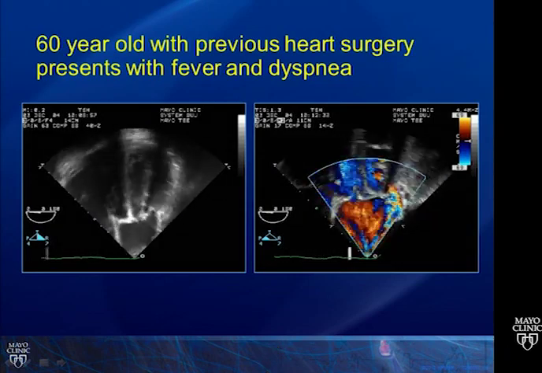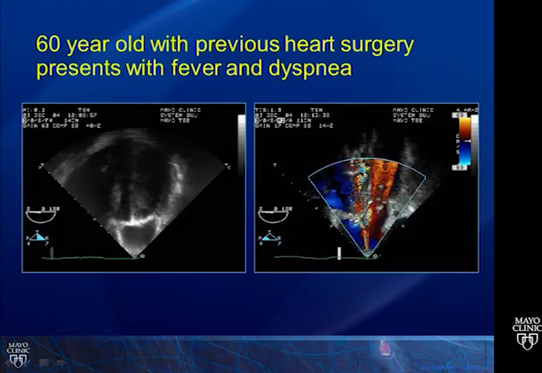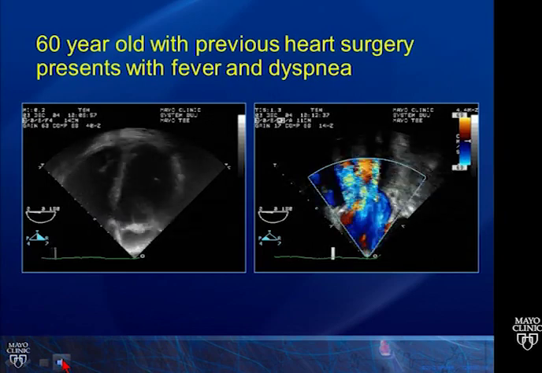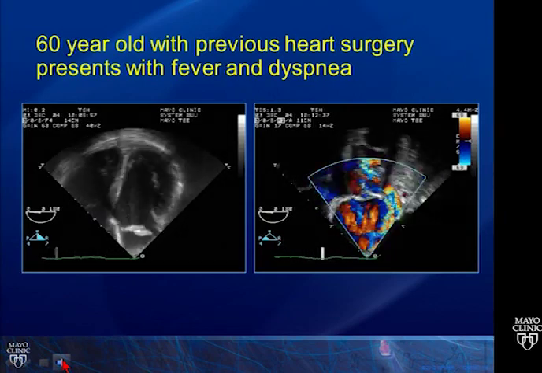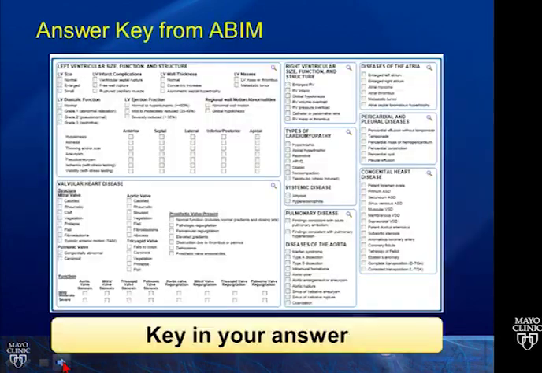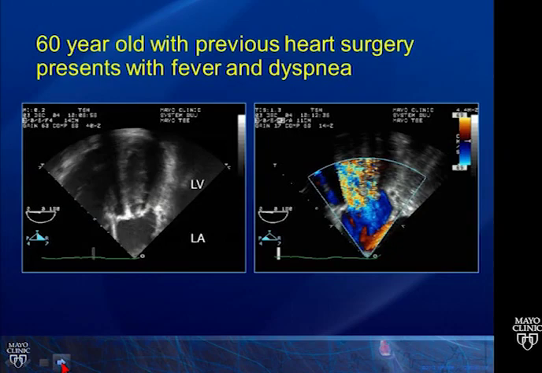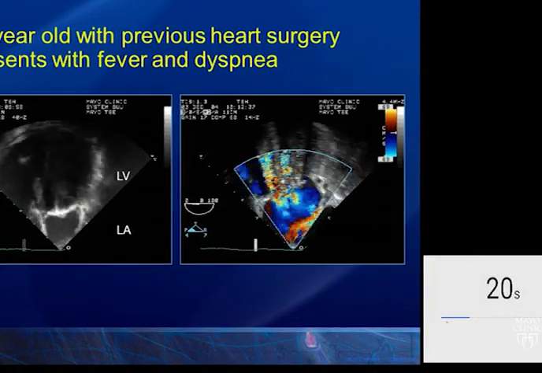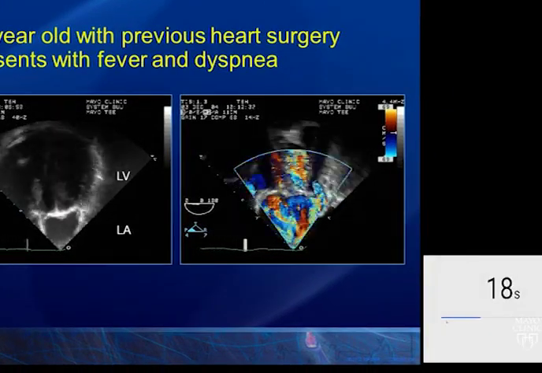Again, for your viewing pleasure, this is one of those really beautiful mosaics that we shudder to see. I want you to go ahead and just take those two images and key in what you think the answer would be appropriate for this particular patient.